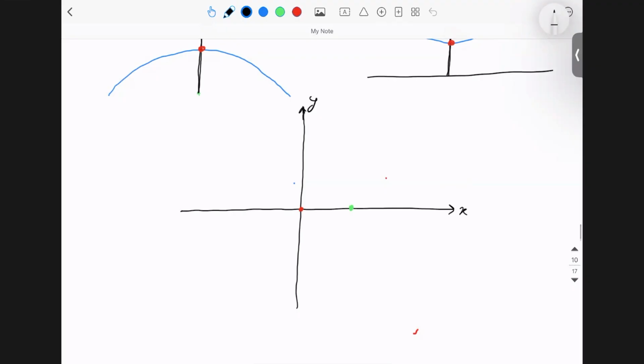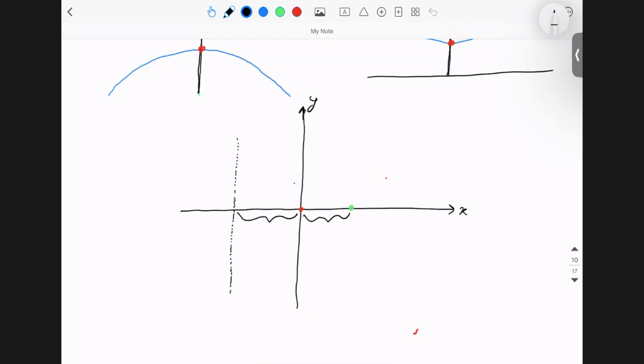So this will be the line. Okay. Now we have chosen this green point and black line in such a way that this distance and this distance are the same.